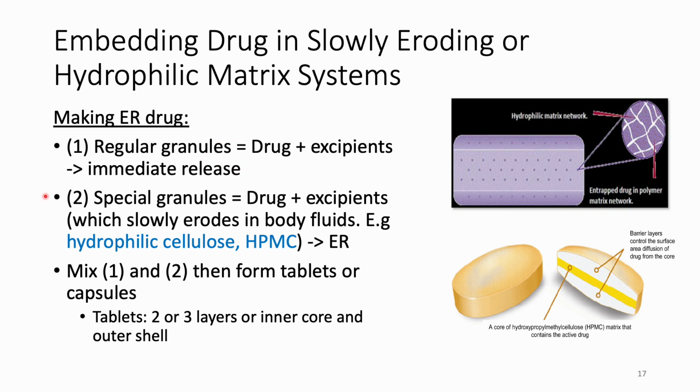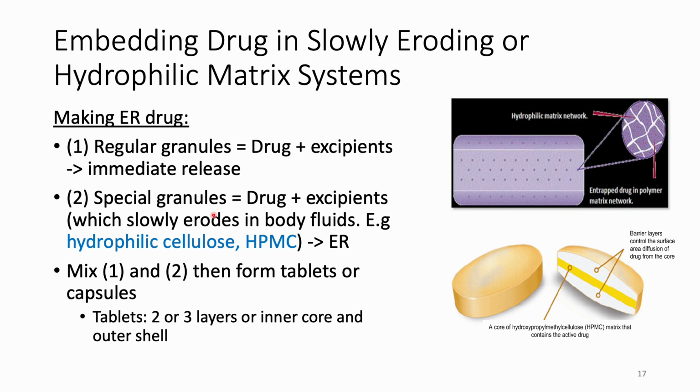The second type of granules is special granules. These granules include drug and excipients. However, the excipient is special. The excipients will provide slow erosion in the body fluids, and the composition of this kind of excipient is usually hydrophilic cellulose or HPMC. This forms a matrix. And these special granules will provide extended release.